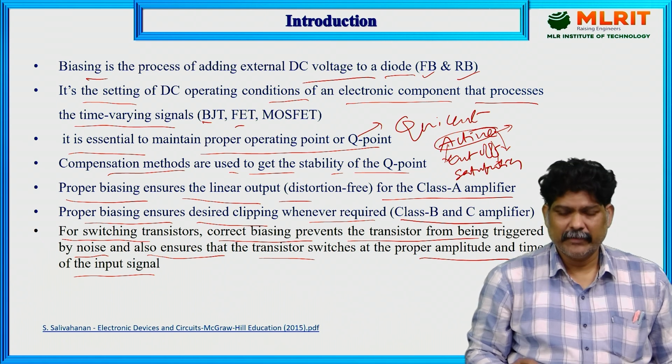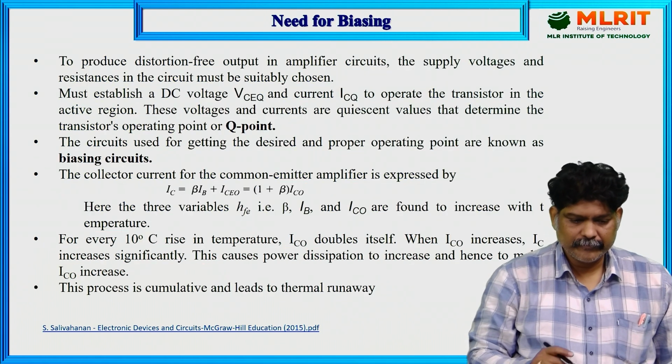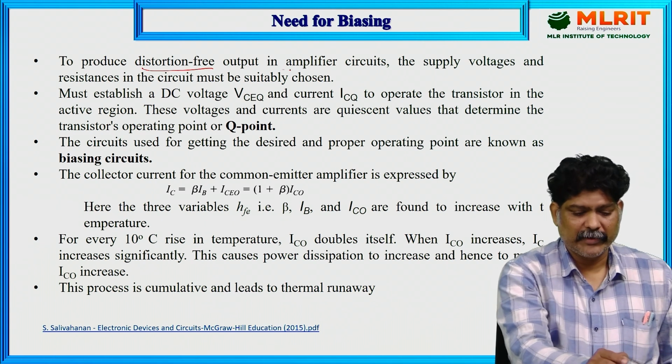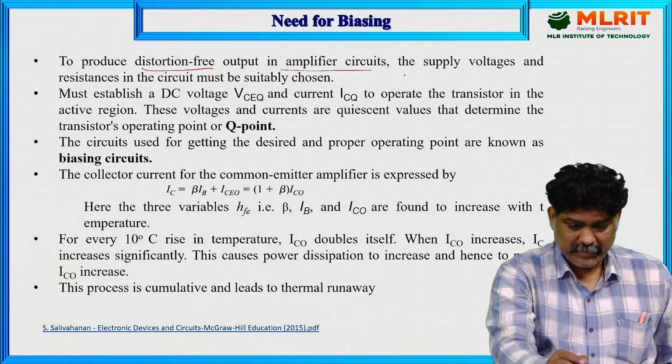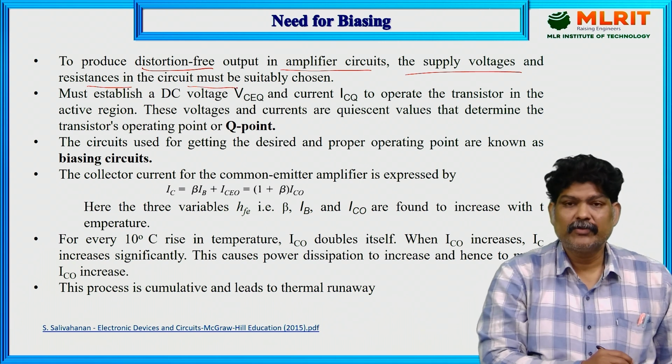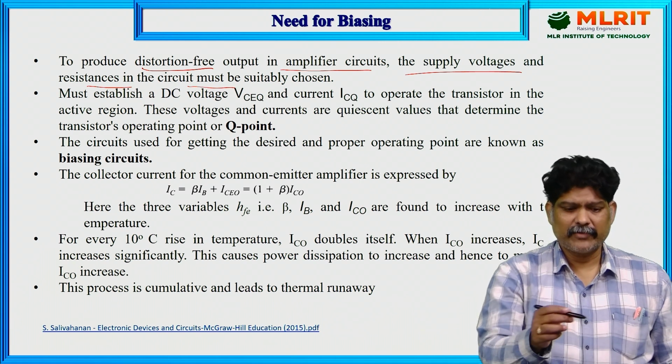So, let us see in detail what is the need for biasing. To produce distortion free output in an amplifier circuit, the supply voltages and resistances in the circuit must be suitably chosen. That means the Q point.